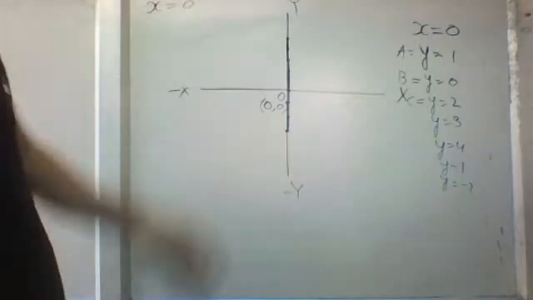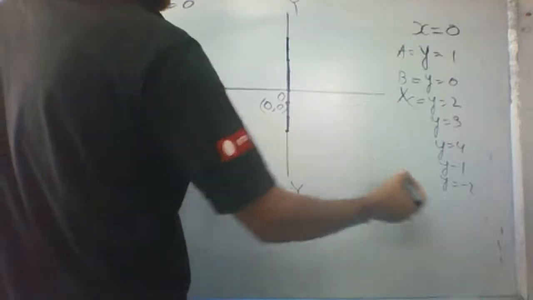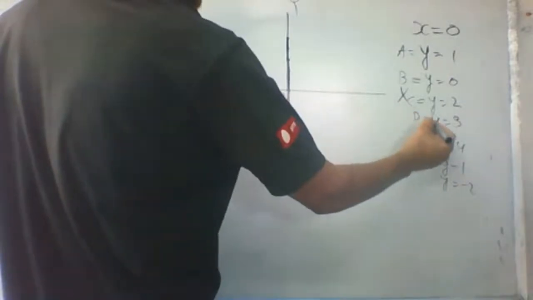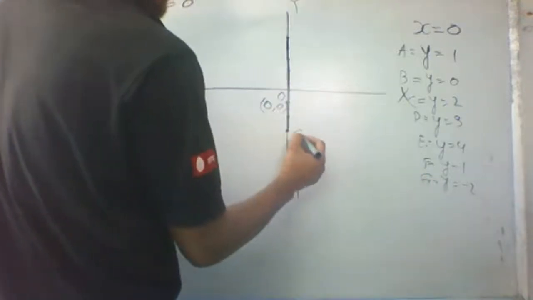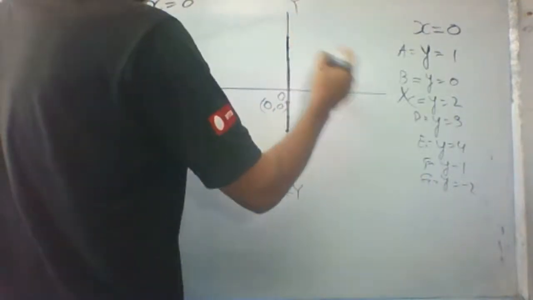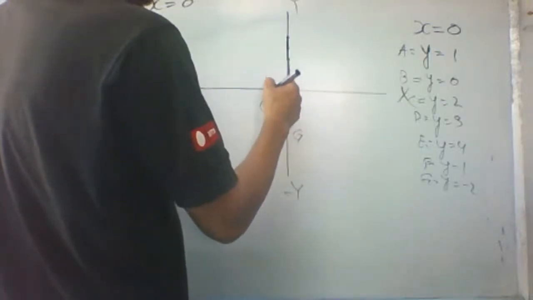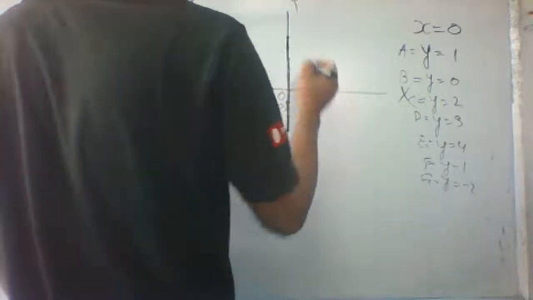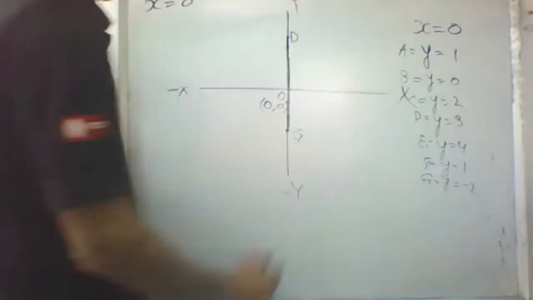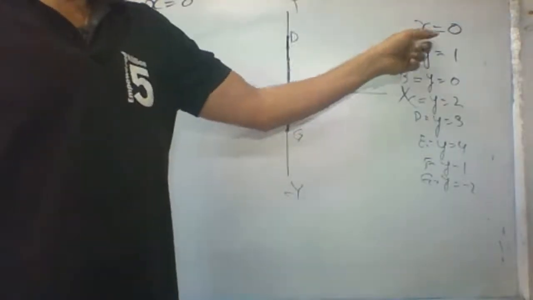Now you have joined this line. Suppose this is C, D, E, F, G. This final point is G, and this initial point is y equal to 1, 0 from here, 1, 2, 3, 4, 5. It means here it is point D. DG is a straight line which is showing the graph of x equal to 0.